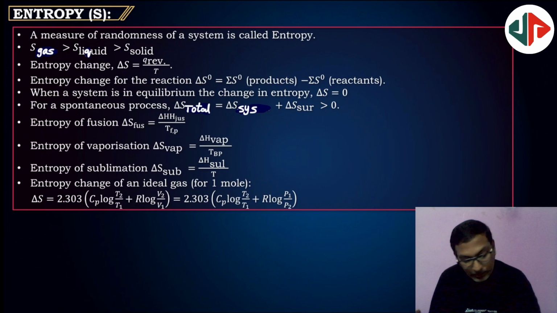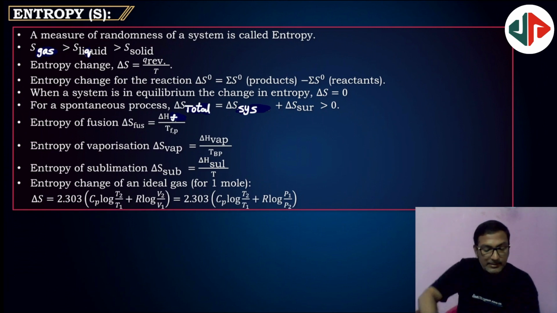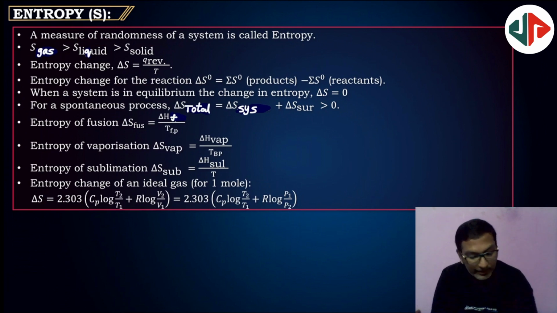Next, entropy of fusion. Delta S fusion equals delta H fusion by freezing point, or freezing temperature. Next, entropy of vaporization.